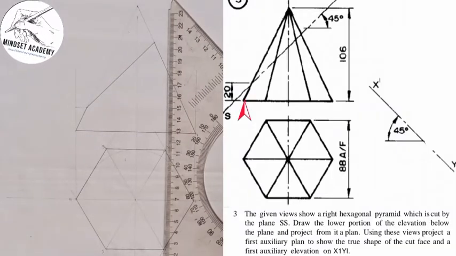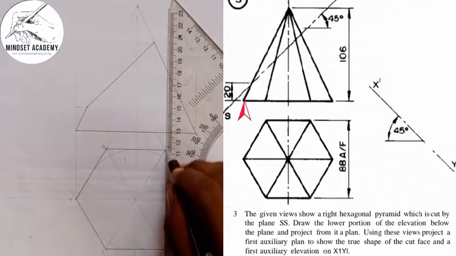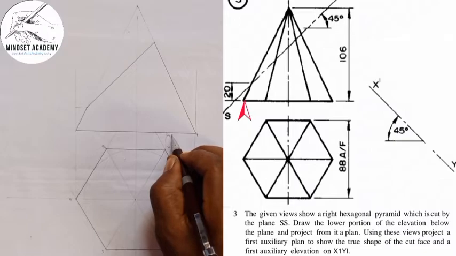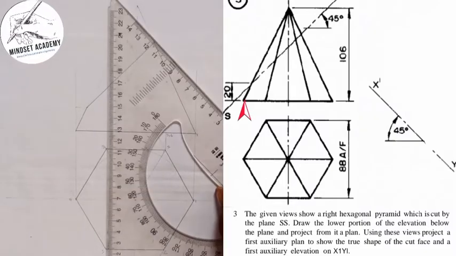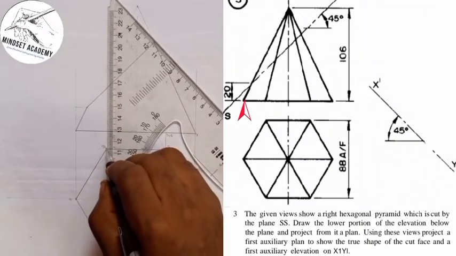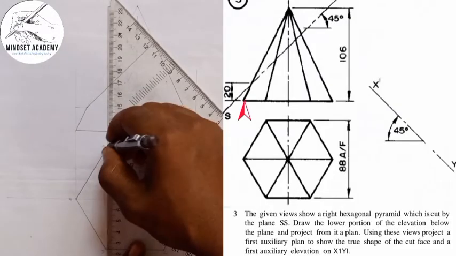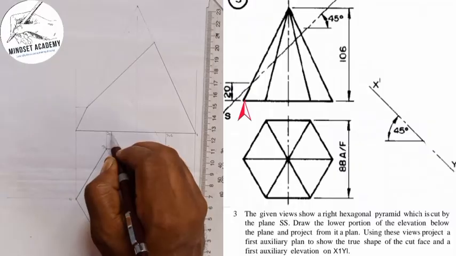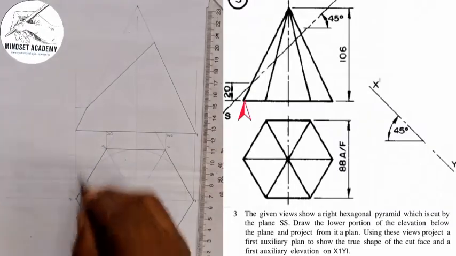If I project 2, knowing that 6 and 2 are on the same point, this will be what? I'll call it 2, 6. If I project 5 and 3 to touch the base of the pyramid, this will be 3, 5.